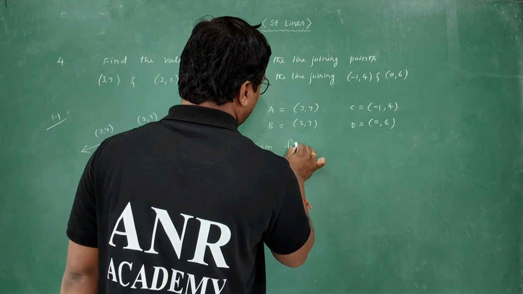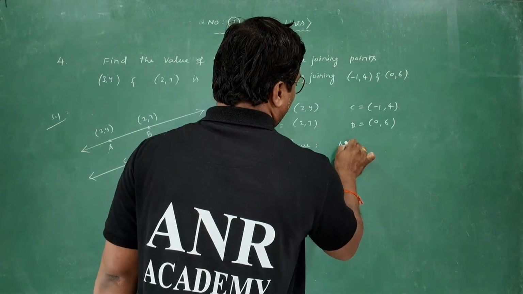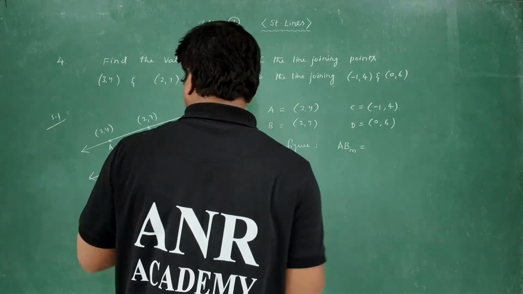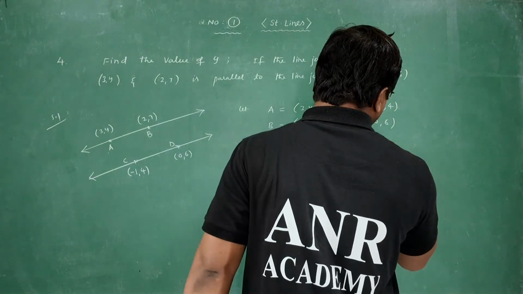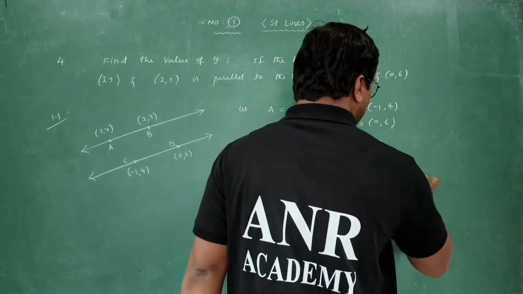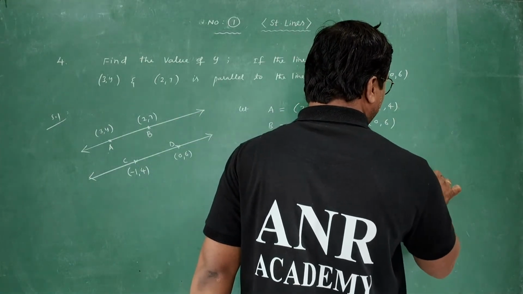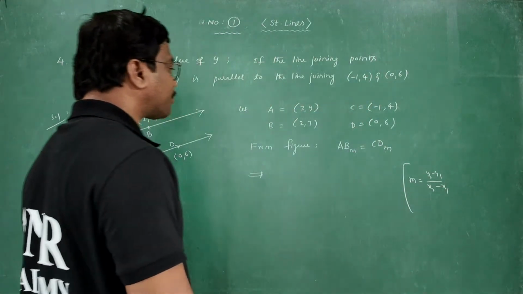Now from figure I can write slope of AB which is equal to slope of CD. You know that slope M nothing but y2 minus y1 by x2 minus x1.